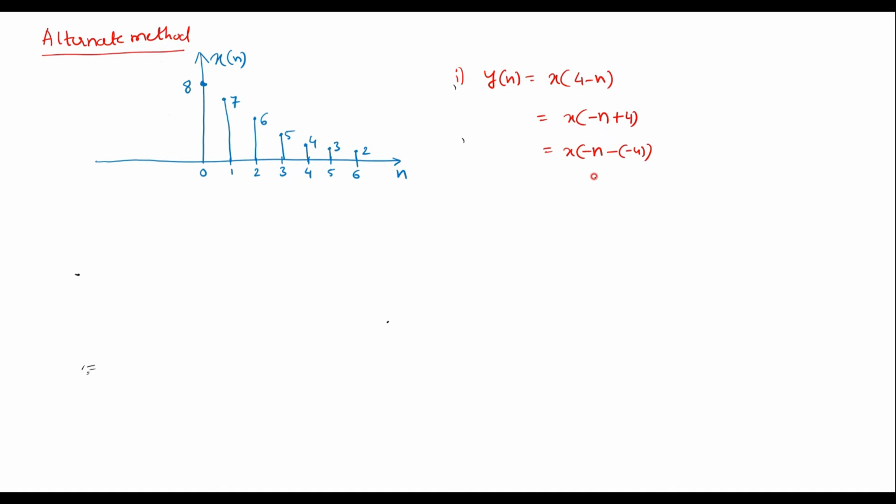It means that y of n is x of minus n minus 4. It means that the signal begins at n equal to minus 4. So to perform this operation, first we have to do the shifting operation, then we have to apply the reflection operation. That is, it involves two operations.